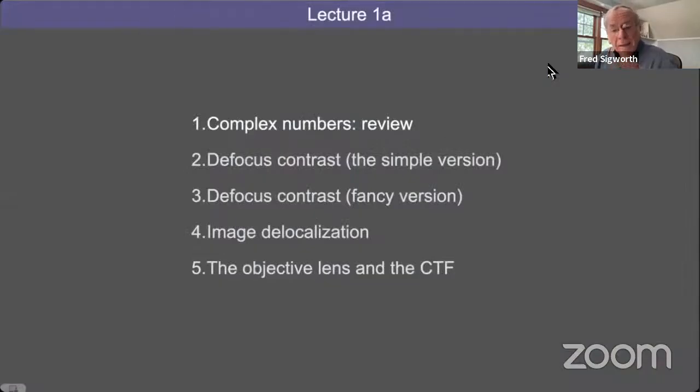So I'm doing this in 3 parts, and this is the first part where I'm going to review complex numbers. I know a lot of you've had that in high school or whenever. And the big deal in this part of the lecture is how contrast happens in the electron microscope, how defocus contrast happens, and how we can model it.